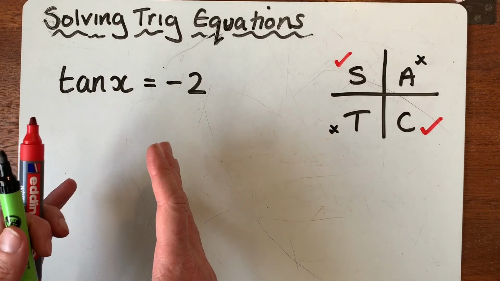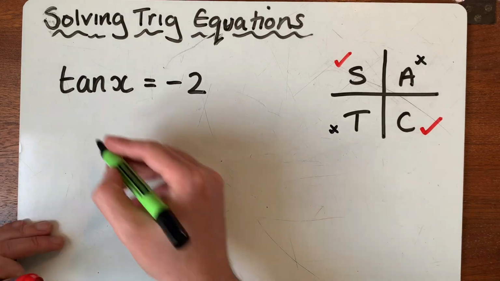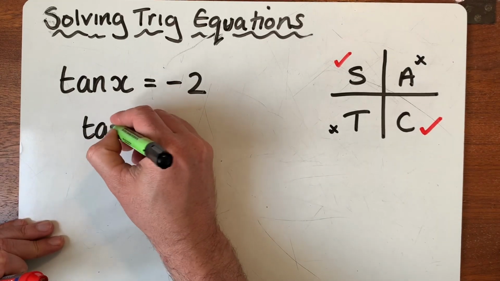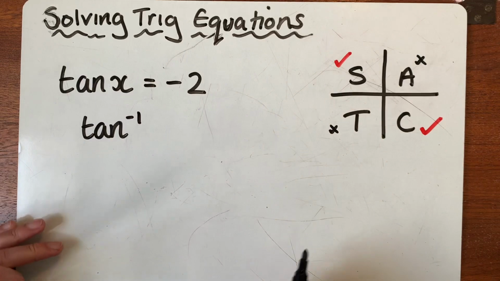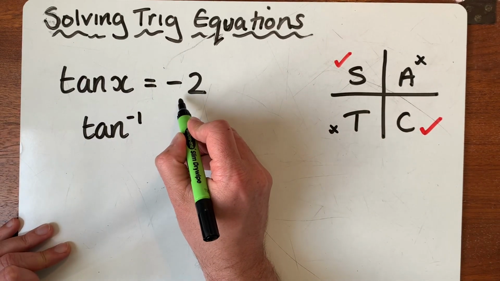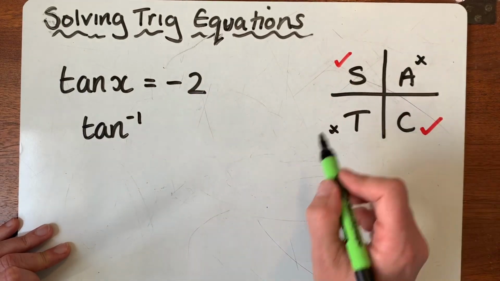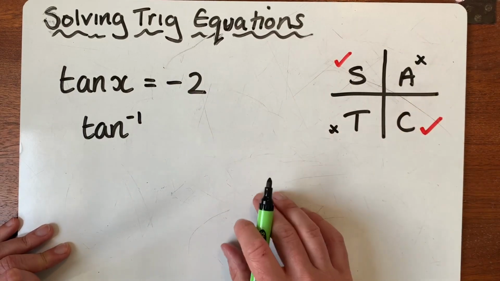We've got a little change now to how we actually go about and solve this trig equation. We do something really similar in that we take the inverse tan, which is exactly the same as last day, but we don't use this value in its current state. The only thing we use the negative for is to complete the cast diagram. After that, we're not going to use the negative again.